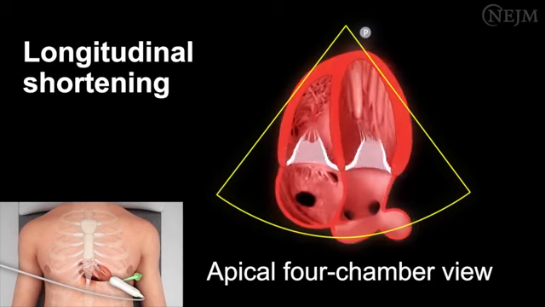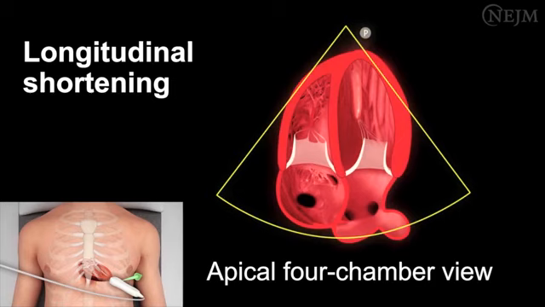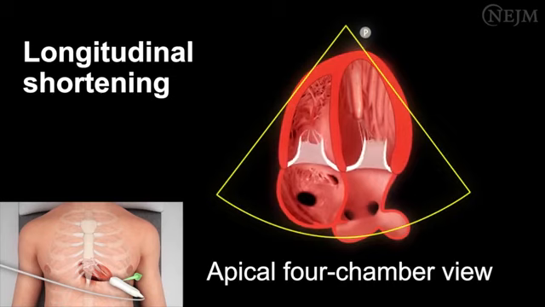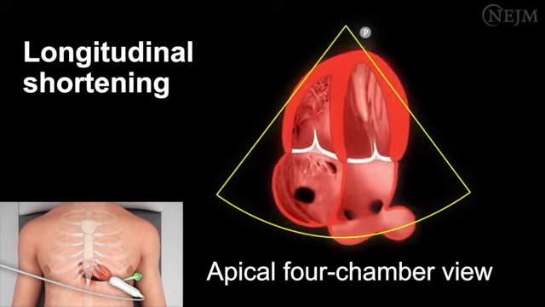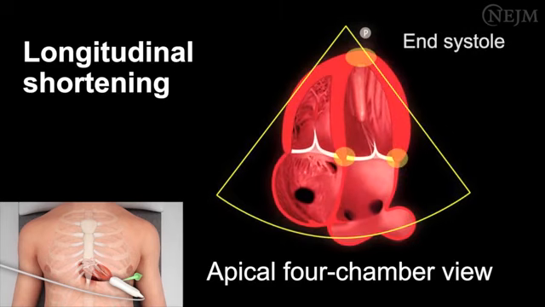Longitudinal shortening is best evaluated in the apical four-chamber view. Identify the segment between the base and the apex of the heart, which corresponds to the left ventricular longitudinal plane. The lateral and septal mitral annuli can be used as anatomical reference points. The segment reaches its maximum length at end diastole. During systole, the base moves toward the apex, causing the segment to shorten until it reaches its minimum length at end systole.